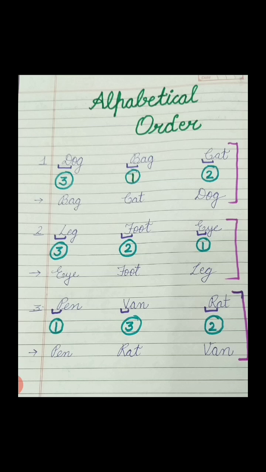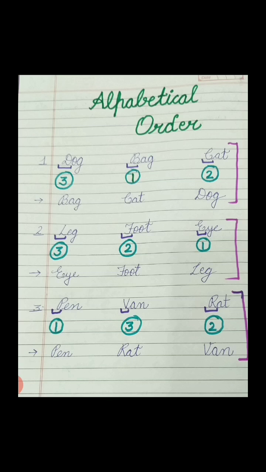Let's see the second part. What are the words in the second part? Let's read. Leg, foot, eye. Now let's underline the first letter of all the words. What is the first letter of leg? Correct, L. What is the first letter of foot? Very nice, F. And what is the first letter of eye?